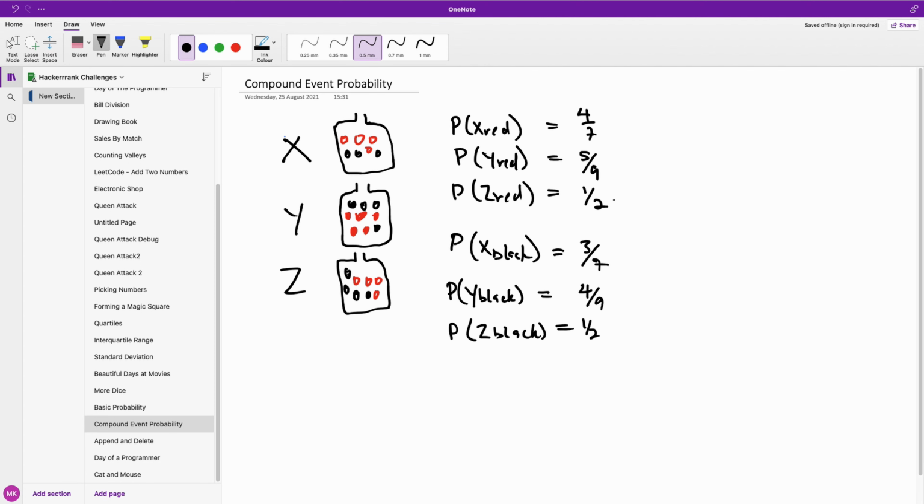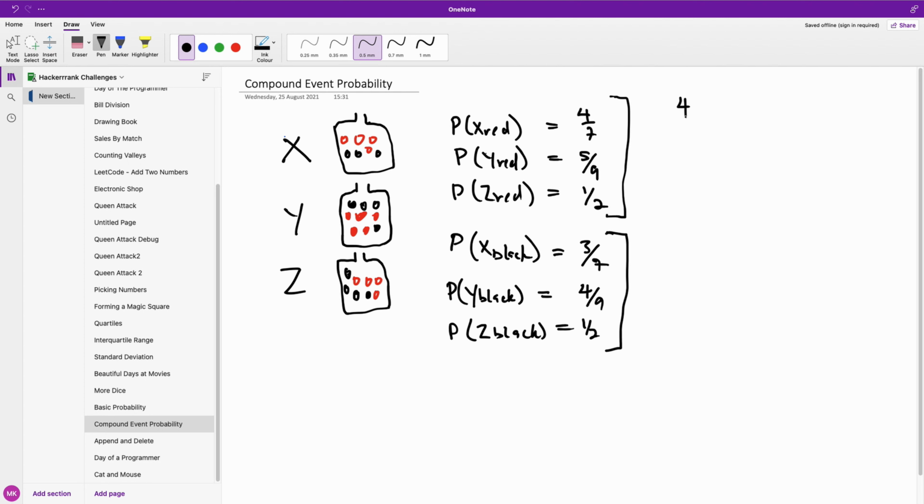So what is the probability in this case that 3 balls are drawn, 2 are red and 1 is black? The probability is going to be the probability that 2 of these events happen and 1 of these events happen. So in this case, we have P(X red), P(Y red), P(Z red).